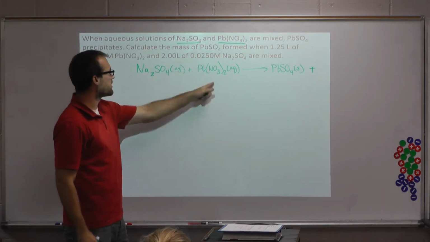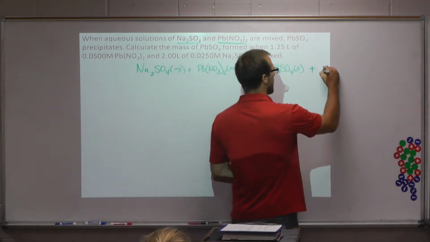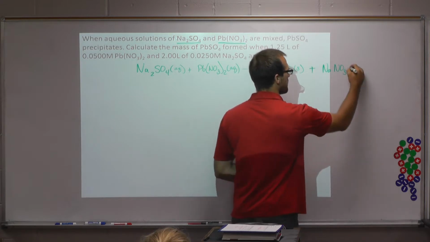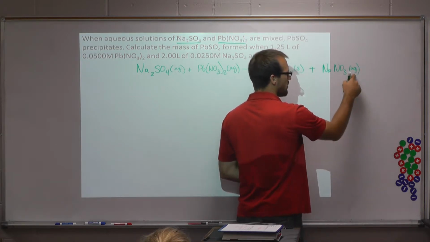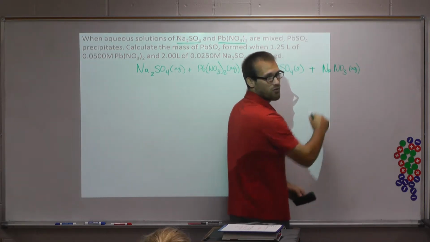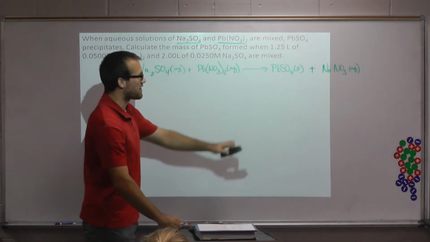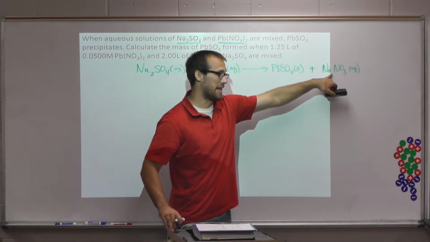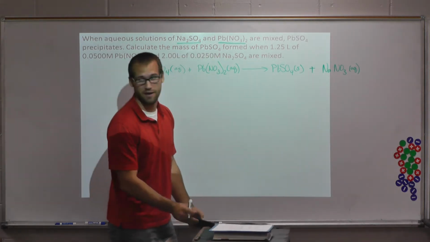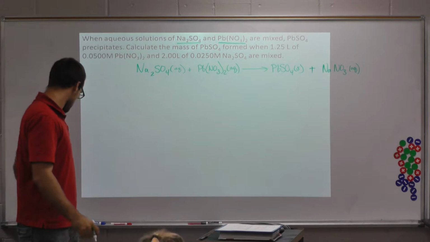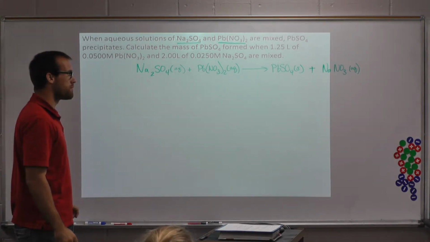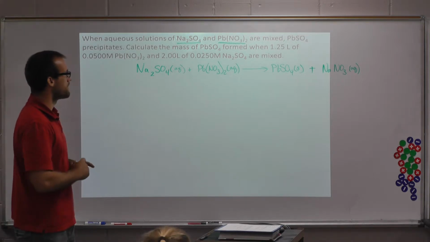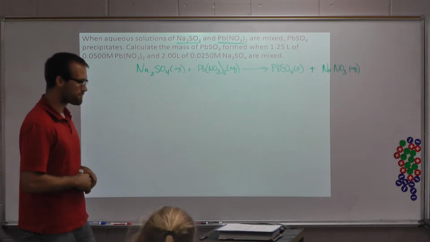Your sodium and your nitrate. Sodium is a 1+, nitrate is a 1-. Now remember, aqueous represents that they're actually in ion form, right? So they're not actually combining. It's just saying they're still in ion form. What if you boil it down? It would combine. Okay, so there's our big picture here.